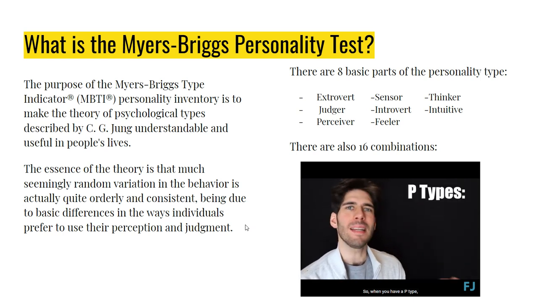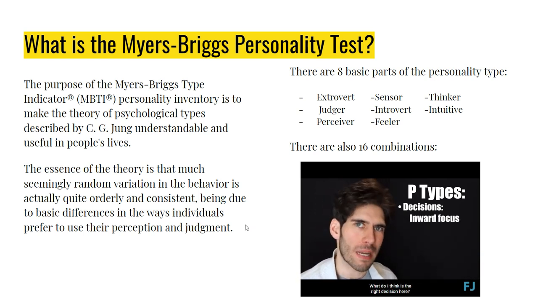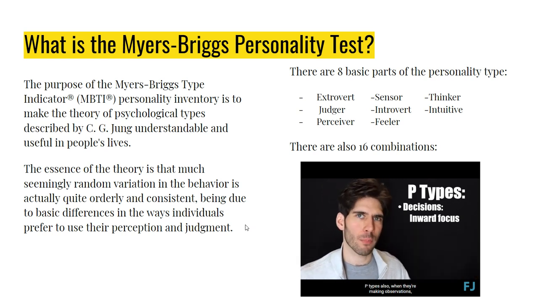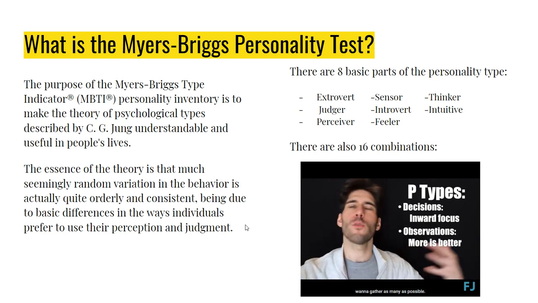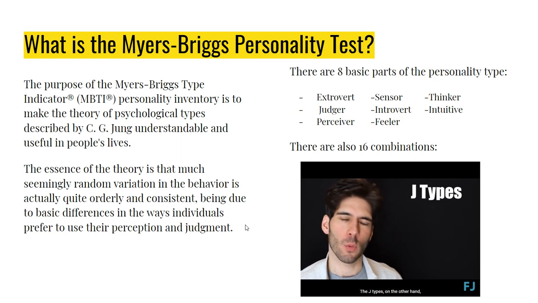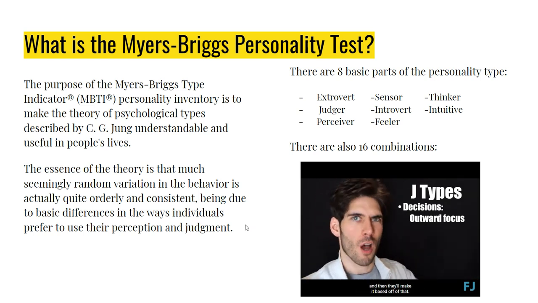When you have a P type, generally when they're making decisions, they're looking at themselves first and foremost. What do I think is the right decision here? I'm going to go with that. P types also, when they're making observations, want to gather as many as possible. They don't want to limit it, and they don't really want to organize it either. The J types, on the other hand, when they're making decisions, want to look around and get a good cross-section of what everyone else thinks is the right decision to make here, and then they'll make it based off of that.